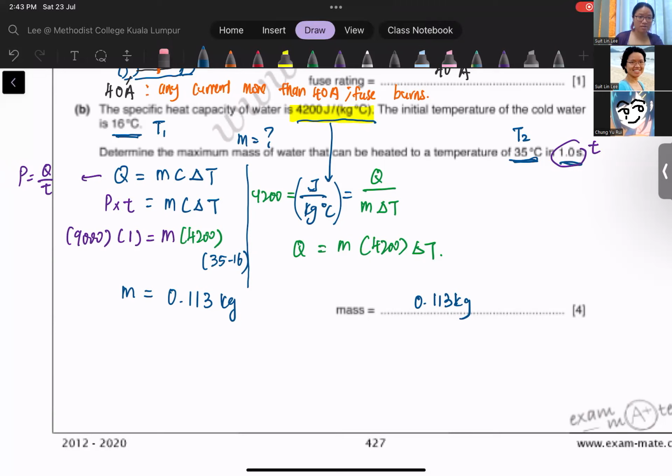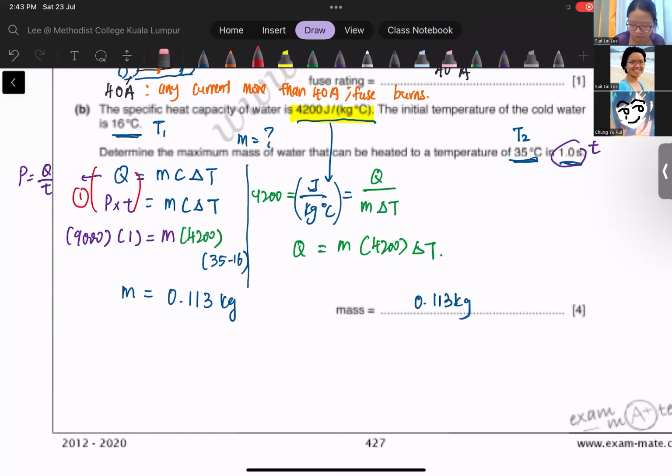Anyway, that's fine. Teacher, why is this 4 marks? I go look at the mark scheme now. Okay, so apparently, if you write energy is power times time, you get 1 mark already.